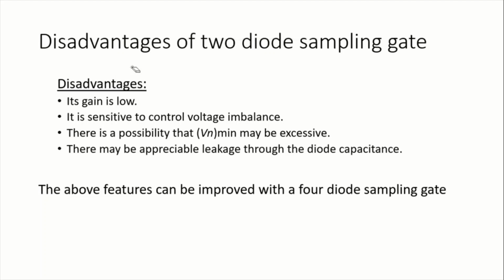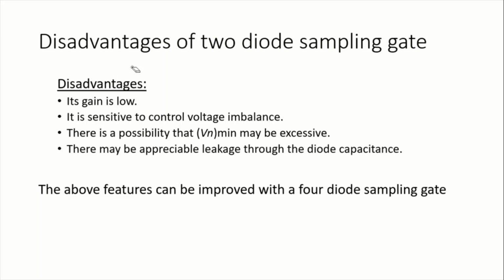So let us discuss some disadvantages of these two diode sampling gates. The gain of this two diode sampling gate is quite low, and since we have two control signal voltages here, it is very sensitive to control voltage imbalances.